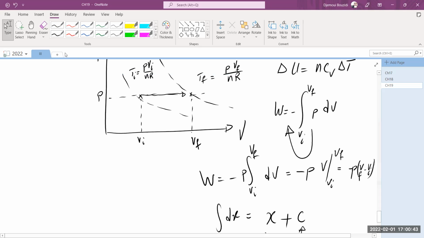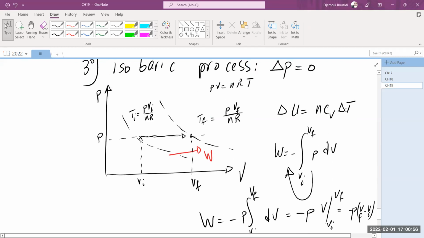Okay? So somehow, I'm losing energy in the form of work, so I must be getting heat added to the system, because of the fact that delta U is positive. Remember, TF is higher, okay?